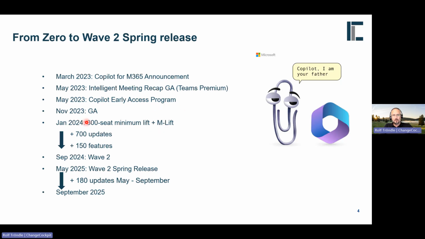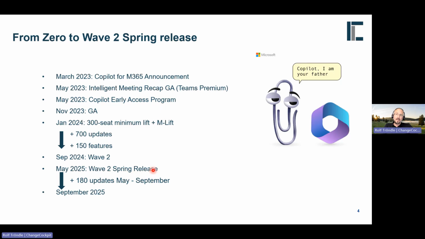So then January this was lifted, and from January till September 2024, they released 700 updates and 150 additional features. Afterwards, they upgraded to Wave 2 Spring release. Sorry, it was in May, so it's 4 months ago, Wave 2 Spring release.